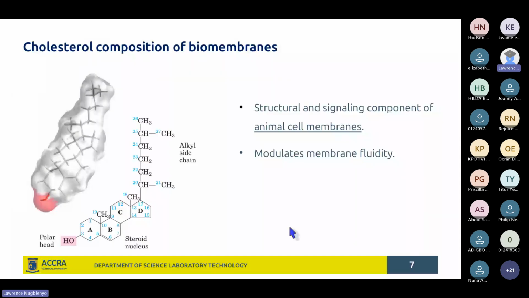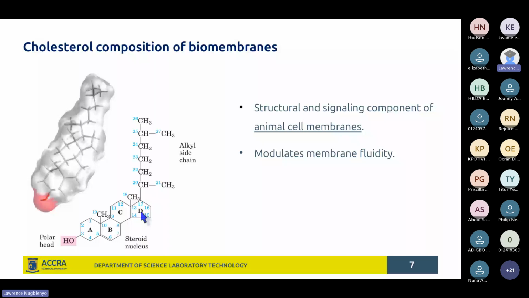So you can remind yourself of the structure of cholesterol. All sterols have a similar structure, having the steroid nucleus, where you have these 4 rings. You have 3 six-sided rings fused, and then the last one, which is labeled D, is a five-sided ring.